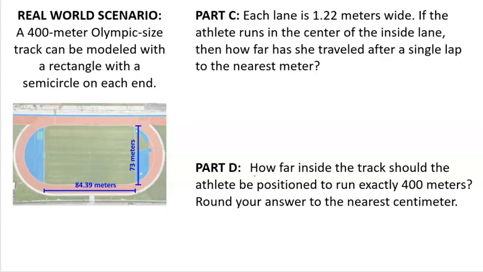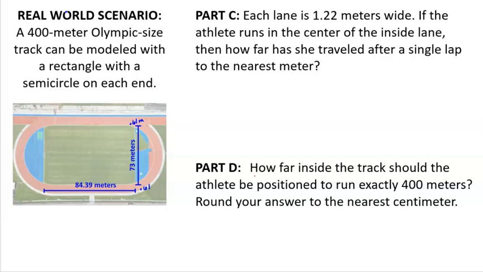So part C says each lane is 1.22 meters wide. So we're kind of imagining that the first lane is going to be 1.22 meters wide. And then if the athlete is running in the center, you're really only adding 0.61, which is half of that distance, 0.61 meters on this side, and then you're adding 0.61 meters on this side of that 73.